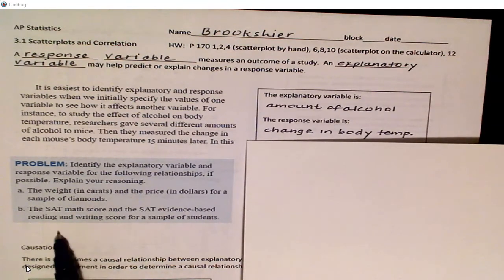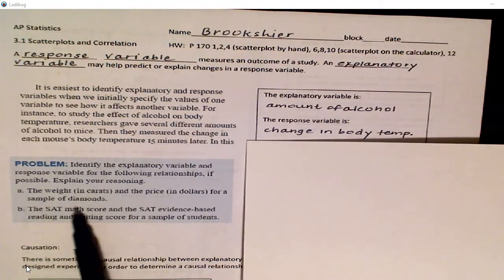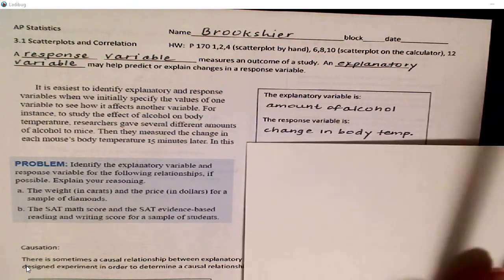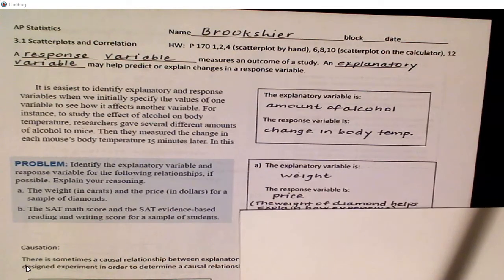In problem A, it says the weight in carats and the price in dollars for a sample of diamonds. Obviously, which one do you guys think is the explanatory, and what's the response? So the weight would be your explanatory, and the response would be the price.